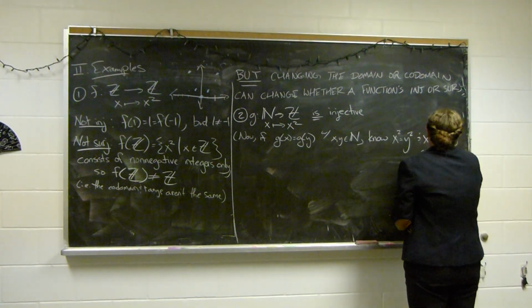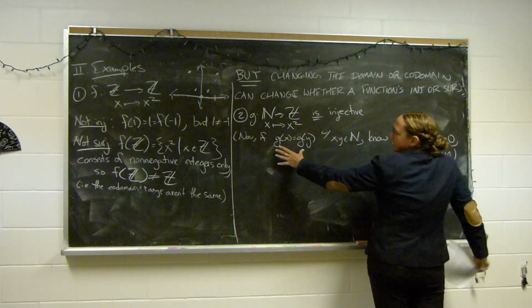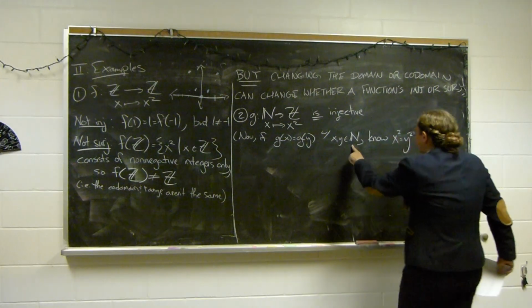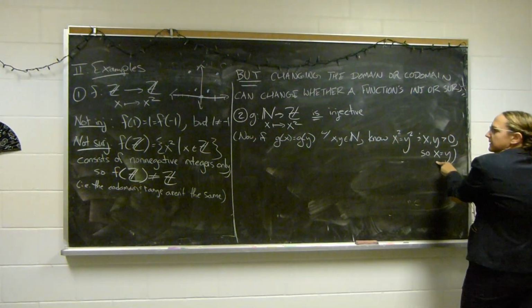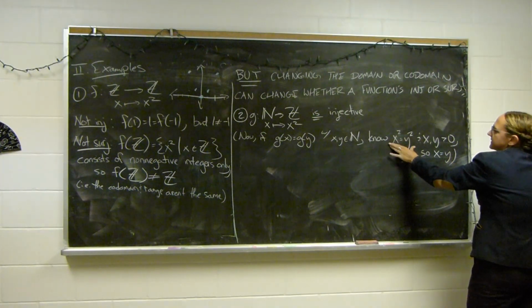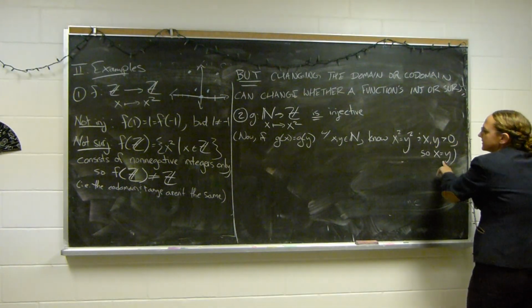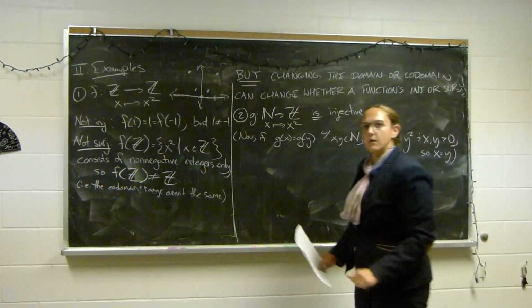And so I'm injective. I needed that if I started out with these being the same, then the inputs must have been the same. The only way for these to have the same square is if they're plus or minus each other. But I assume both of them are positive, so that told me that x equals y.